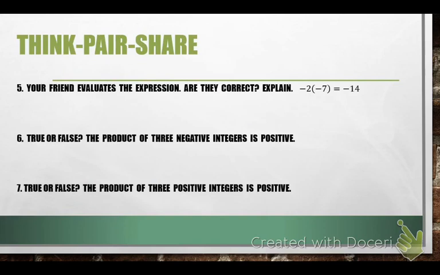Next up, your friend evaluates the expression. Are they correct? Let's look at what they did. They said -2 times -7 equals -14. Is this correct or incorrect, class? Incorrect. So when it asks us, is your friend correct? The answer is no. How come? Because 2 negatives equal a positive.